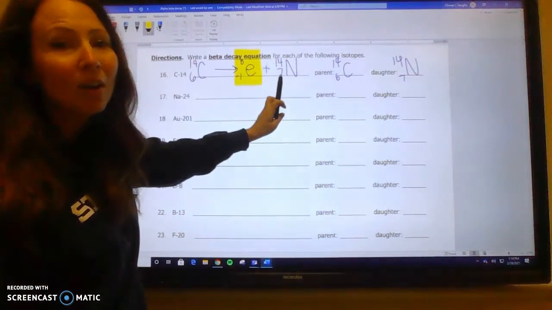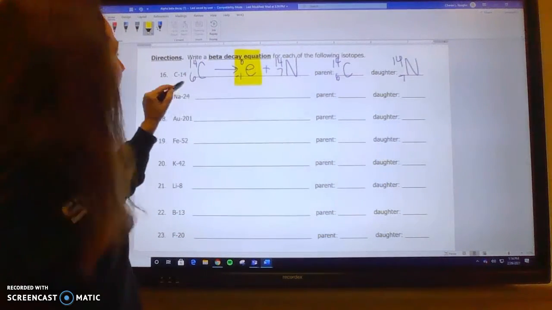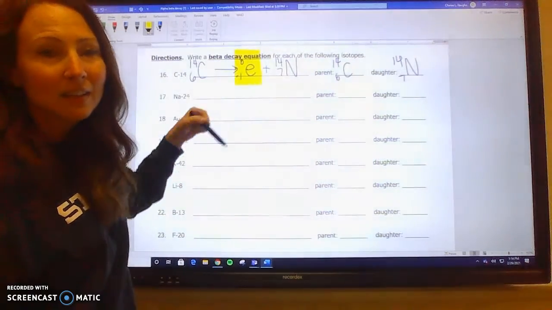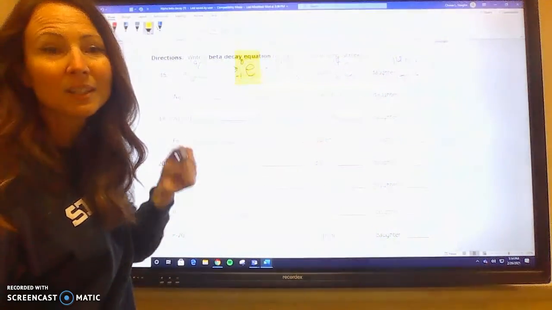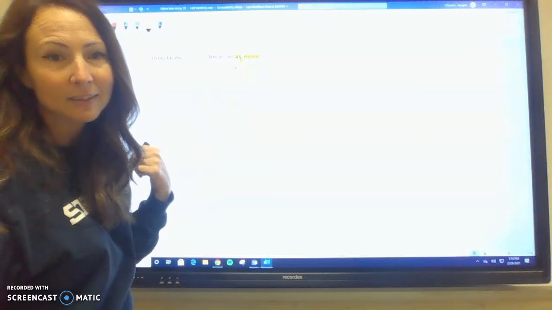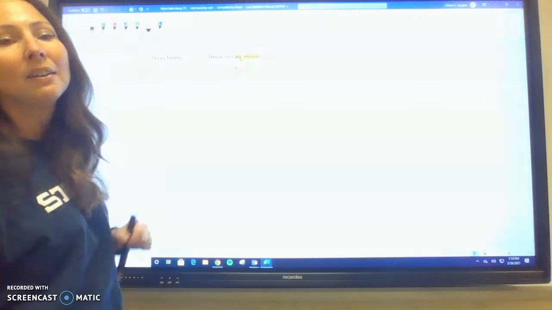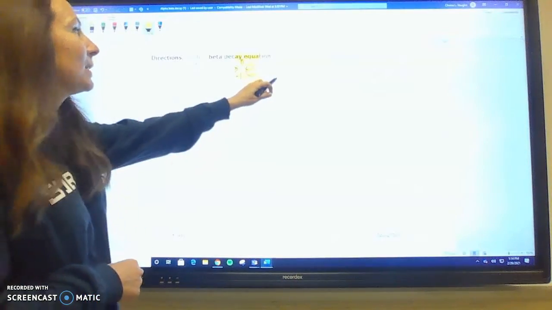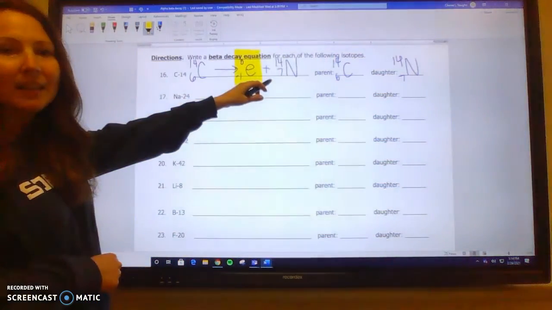So when we solve for what this is, notice now we're going to do 6 minus a -1. That's really tricky because anything that you subtract that's a negative is really adding. So 6 minus -1 is really 6 plus 1, which is 7. So that's why this is a 7.